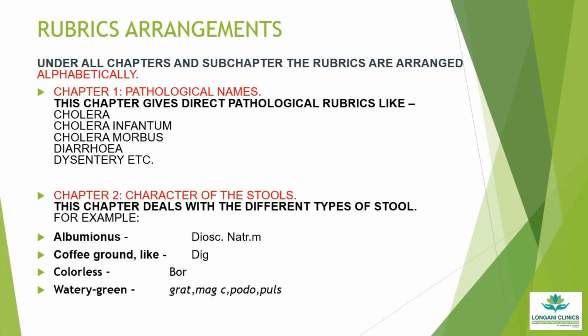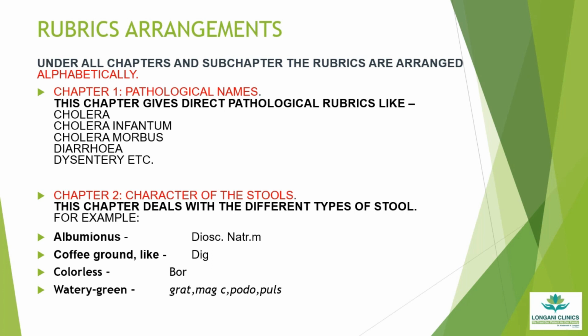Chapter 1. Pathological names. This chapter gives direct pathological rubrics like cholera, cholera infantum, cholera morbus, diarrhea, dysentery, etc. Chapter 2. This chapter deals with the different types of stool.